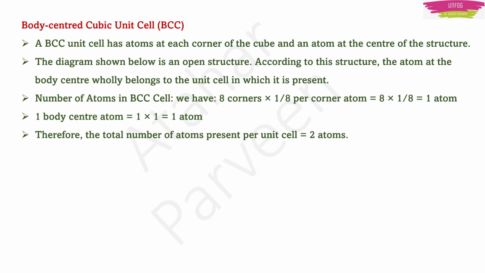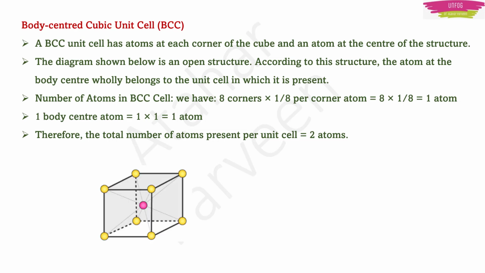Now let's talk about a body-centered cubic unit cell, means BCC structure. Now this is having atoms at each corner of the cube like the simple cubic, but one extra atom will be there at the center of the structure. Now this diagram shown below is called the open structure.